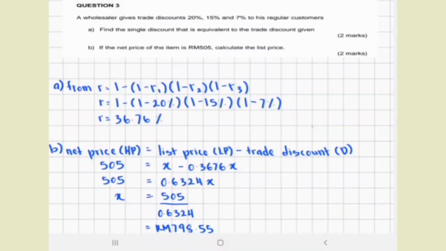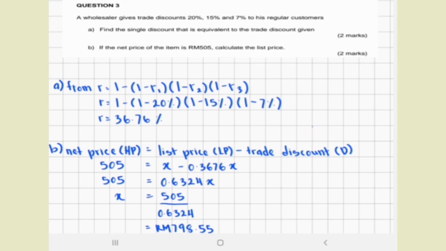Question 3. A wholesaler gives trade discounts of 20%, 15% and 7% to his regular customers. A. Find a single discount that is equivalent to the trade discounts given. The formula is R equals 1 minus (1 minus R1)(1 minus R2)(1 minus R3).